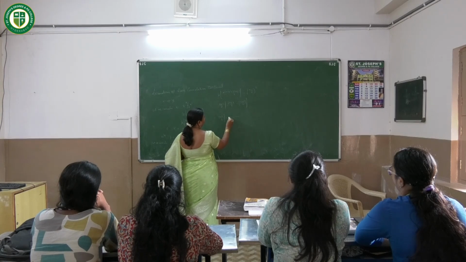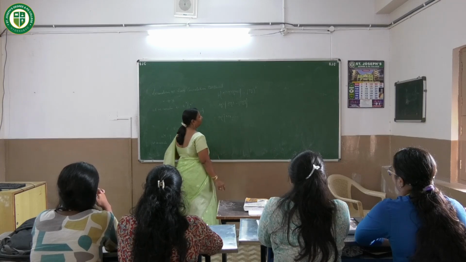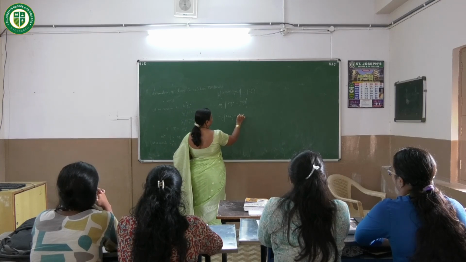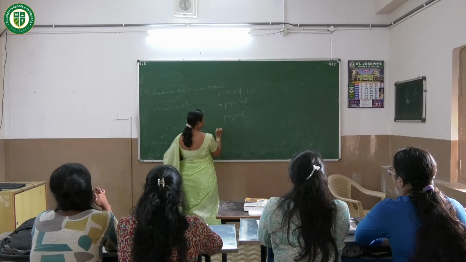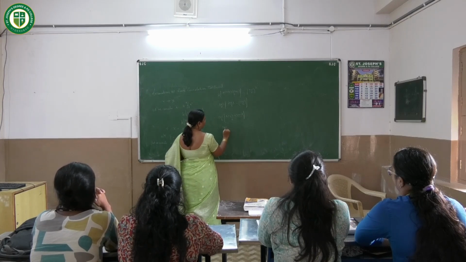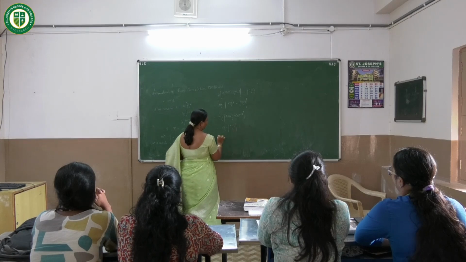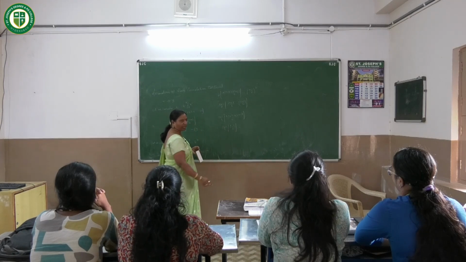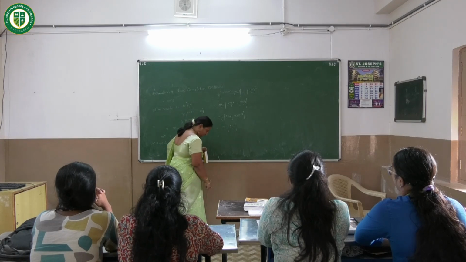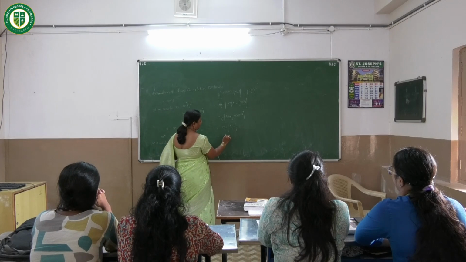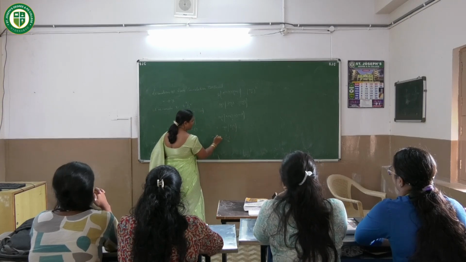You will get 4n plus 2 minus 3n minus 3, which is equal to n plus 1 by 2 into n minus 1 by 6. n plus 1 into n minus 1, that is a plus b into a minus b, which is nothing but a square minus b square. Like that you will get n square minus 1 by 12. This is sigma x square.